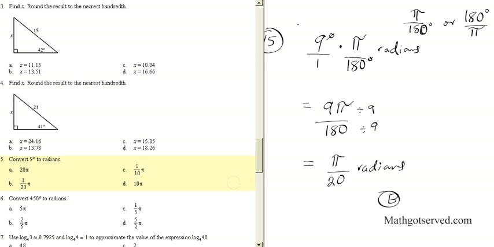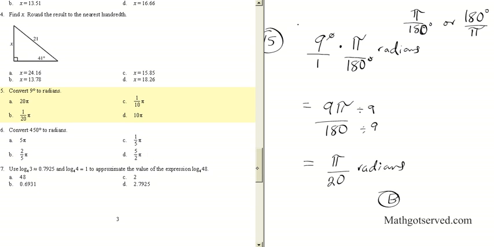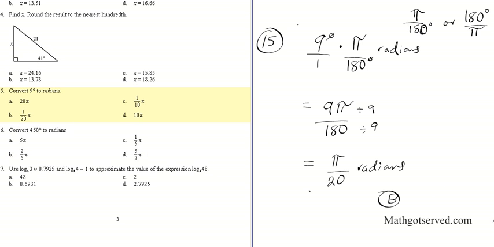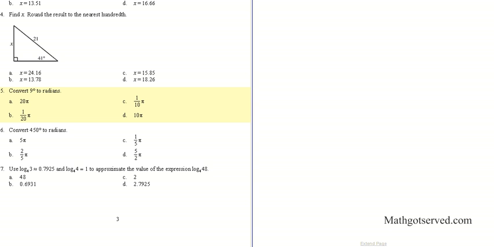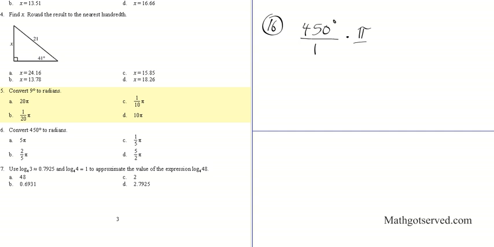Alright, let's take a look at number 16. Similar to this one, just to get more practice, we're going to convert 450 degrees to radians. So for 16, we have 450 degrees. So if I want to convert it to radians, I multiply by pi over 180 degrees again, because degree on the top, I need a degree on the bottom so they can cancel out.